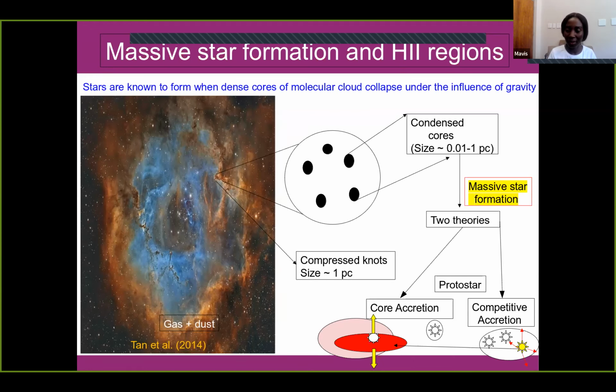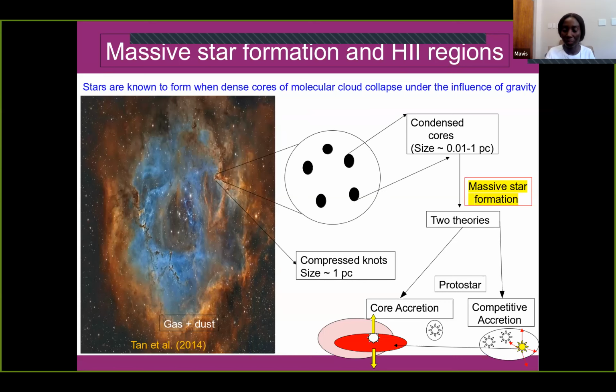But with competitive accretion, the theory has to do with multiple cores colliding with each other. The one that has the highest energy would collide with the others and then form multiple stars.